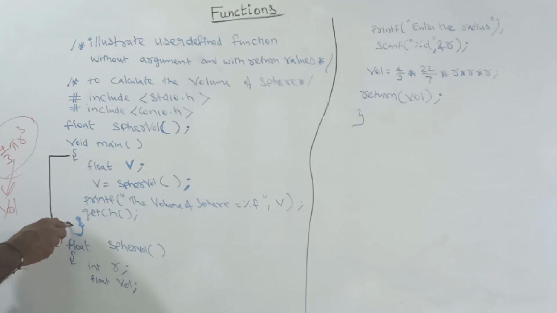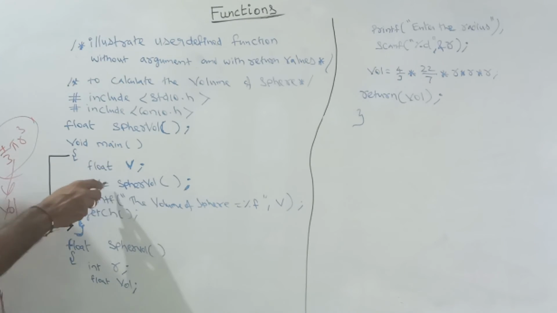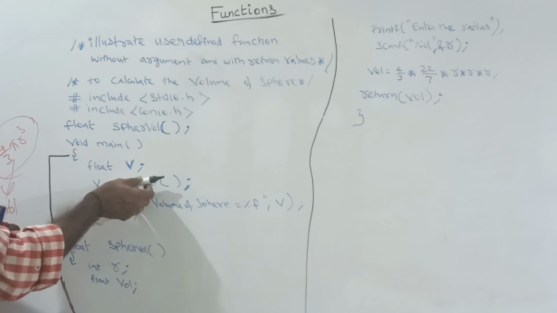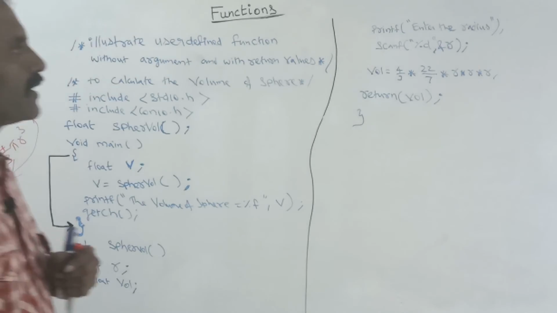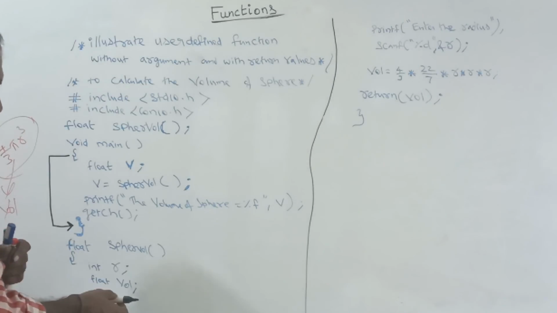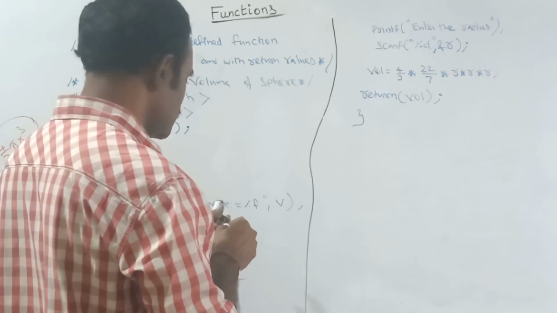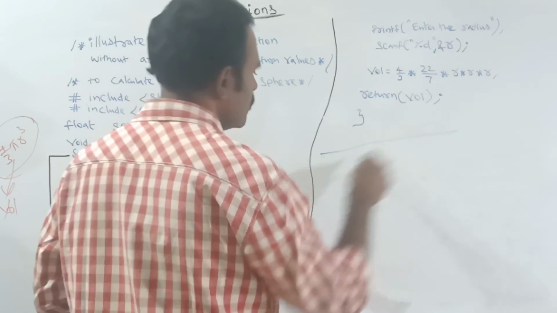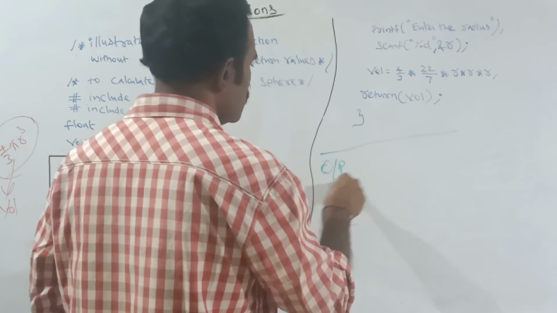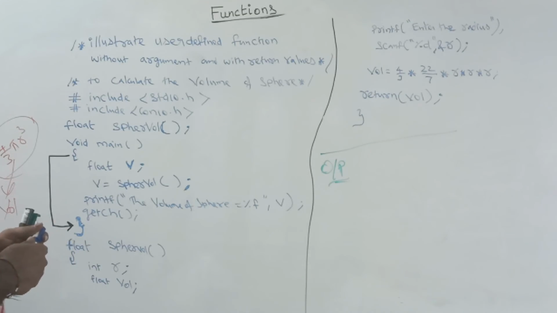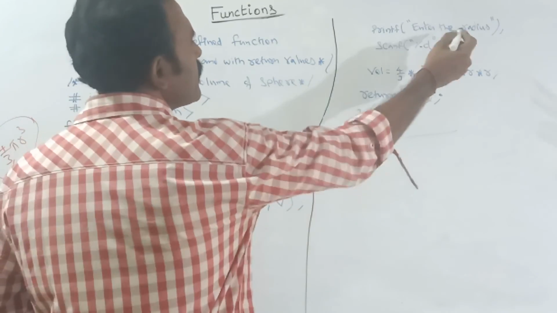In the main part, just for getting the value, I am declaring v. After that, I am just calling the function. Inside this function, the input and everything happen inside the user defined function only. Here inside the function, I am asking very first, enter the radius.